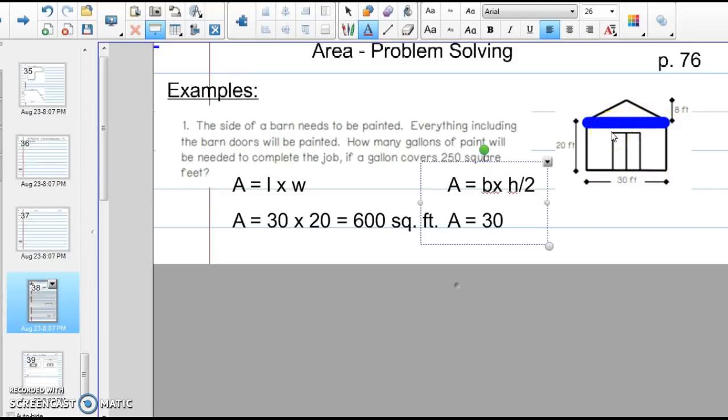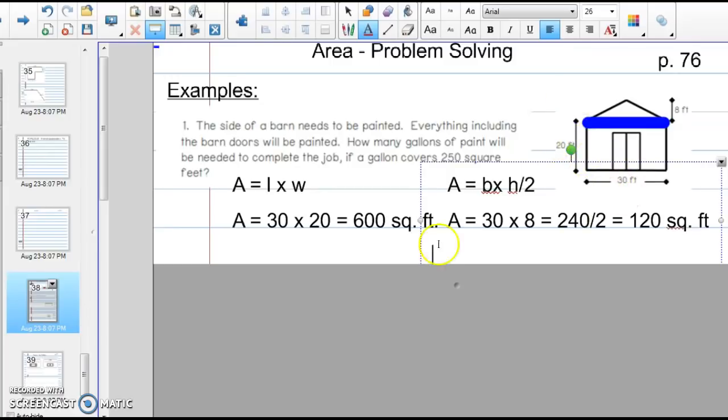So our base is 30. The height of the triangle is 8 feet. That's what this section right here is telling us. From here to here is 8 feet. So the height is 8. That is going to equal 240 square feet, but then we have to divide that by 2, and we end up with 120 square feet for the area of the roof.